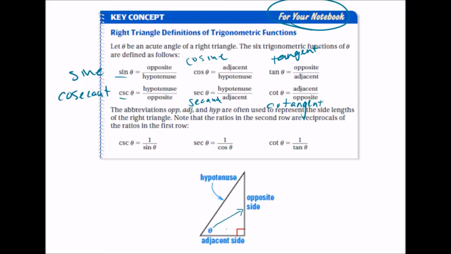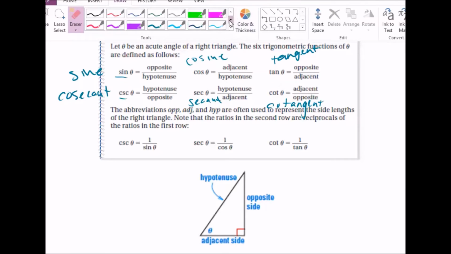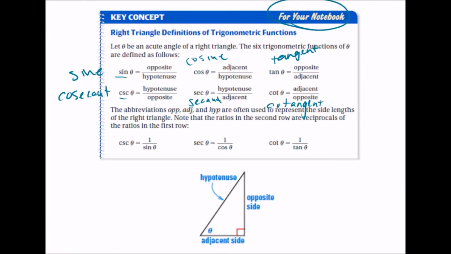If theta was up here, it'd be this one down here. But the opposite side over the hypotenuse. If we want to know the cosine, then it's the adjacent side over the hypotenuse, like that, adjacent over hypotenuse. Tangent is opposite side over the adjacent side.